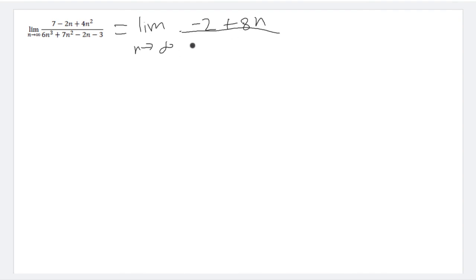Now for the denominator, 6n³ will become 18n² plus 14n minus 2. We still have variables n, so we apply L'Hopital's rule again. Again, we are not yet evaluating the limit, so we still have to write the limit.